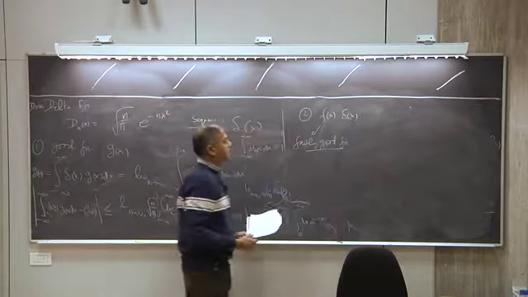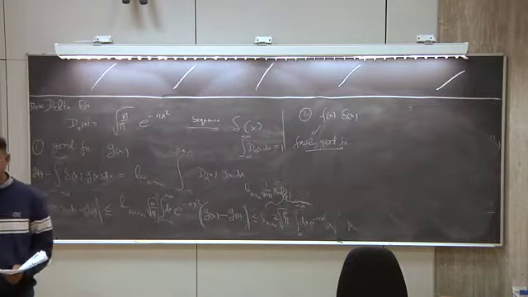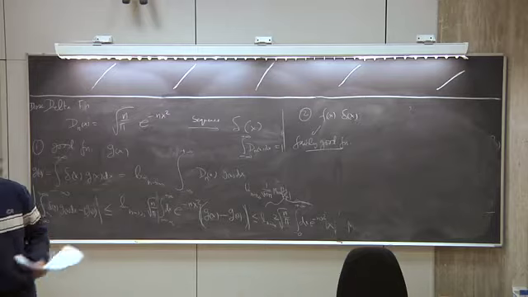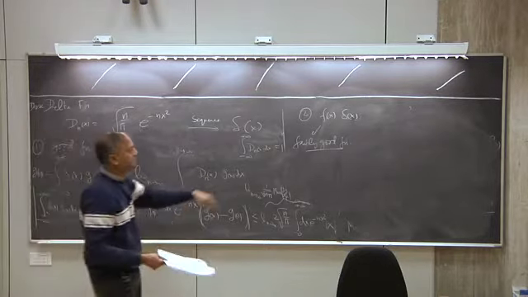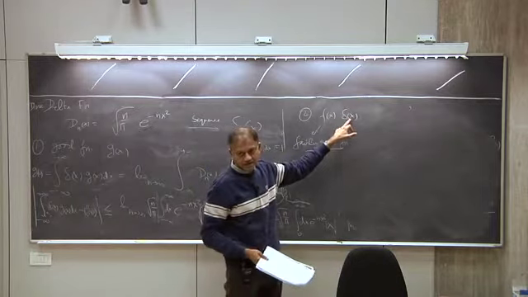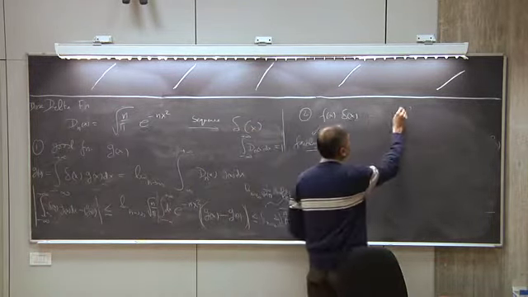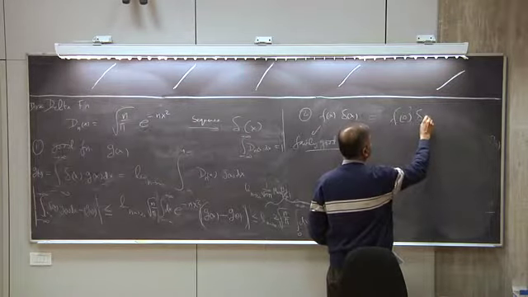Remember, this was true for an arbitrary generalized function, that you can multiply a fairly good function to a generalized function, and again it gives you a generalized function. So let's ask what happens if I multiply to this particular generalized function, which is the Dirac delta function. Well, the statement is that this is simply equal to f of 0 delta x.